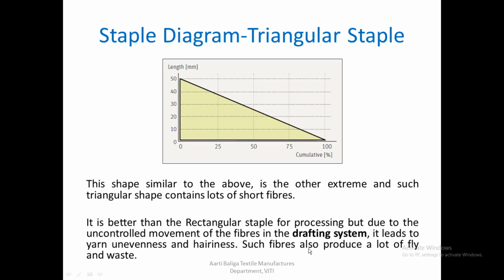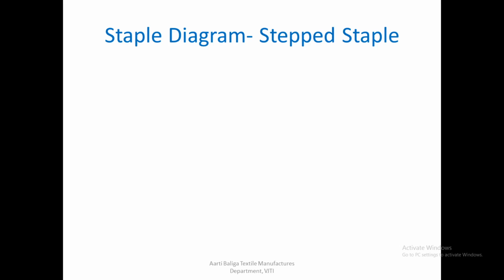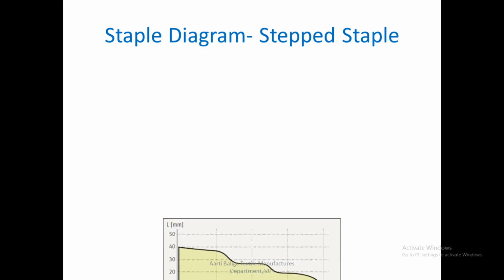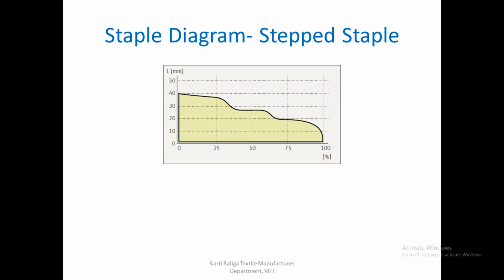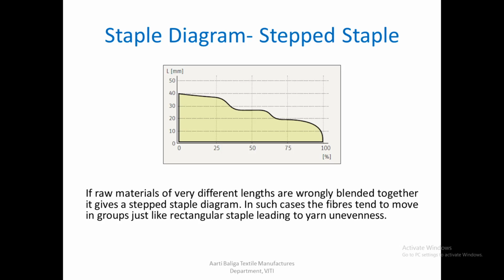That means these fibers will start flying into the atmosphere, which is known as fly, and there will be a lot of wastage. Then you come to the staple diagram, which is a stepped staple, which will look something like this. And here you will guess that this is a wrong blend of different lengths of raw materials which have been wrongly blended.